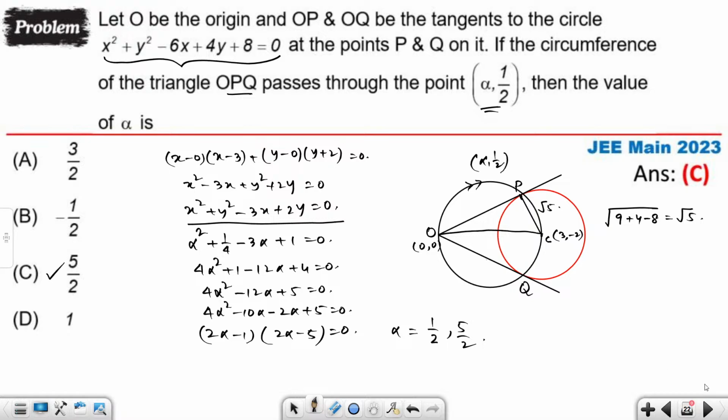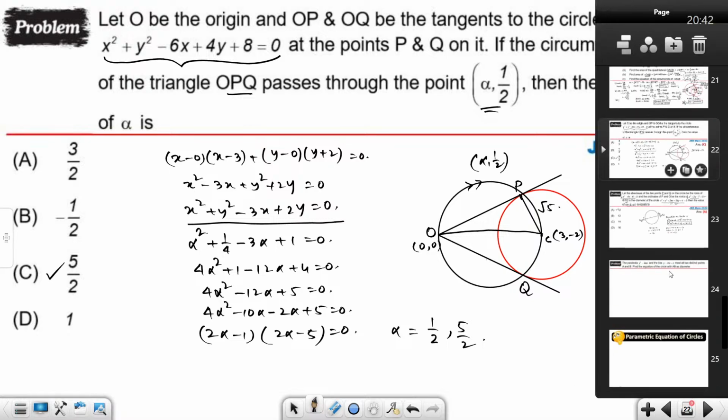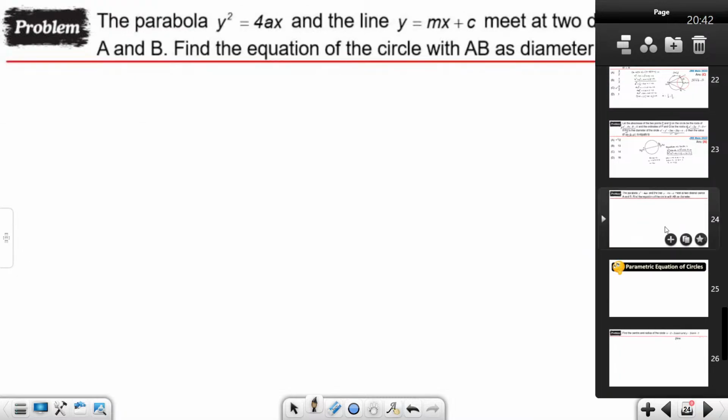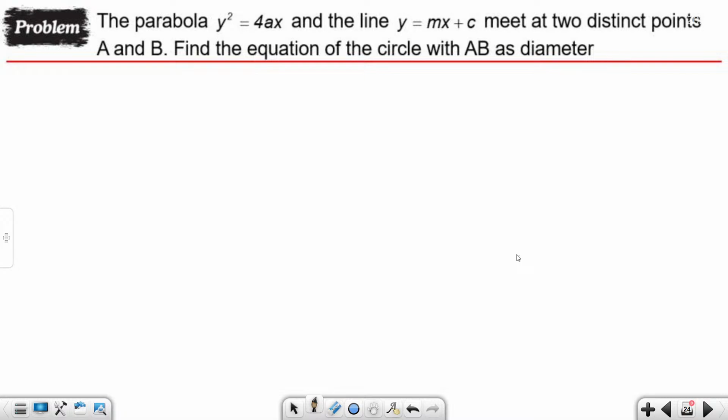Okay, chalo. Let us come to the next one. See what they have said. There is a parabola, y square equals 4ax, and we are having the line y equals mx plus c.